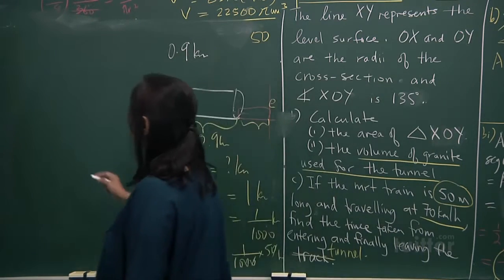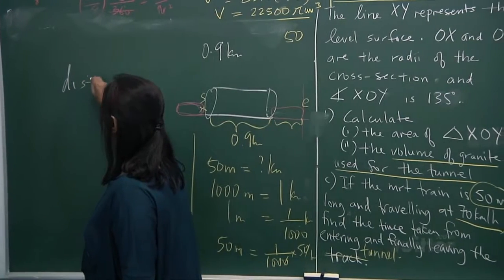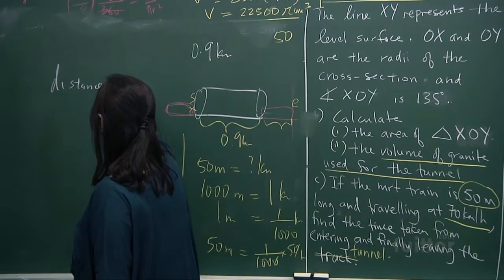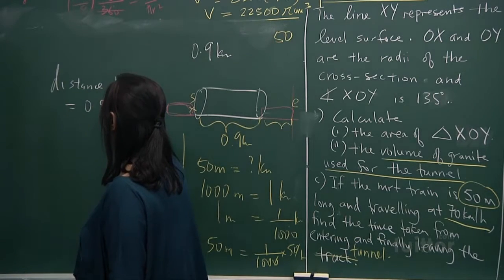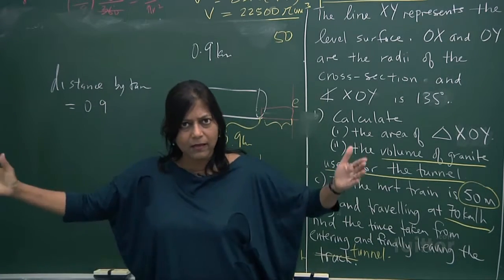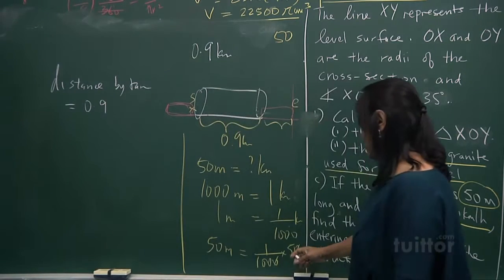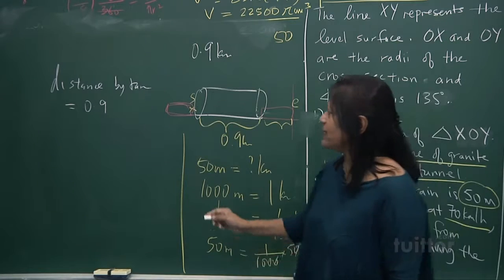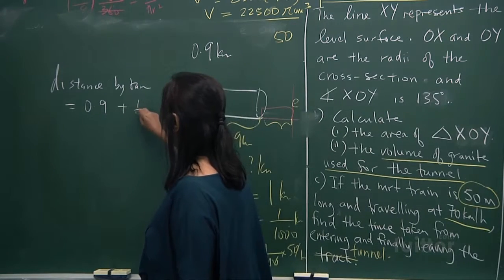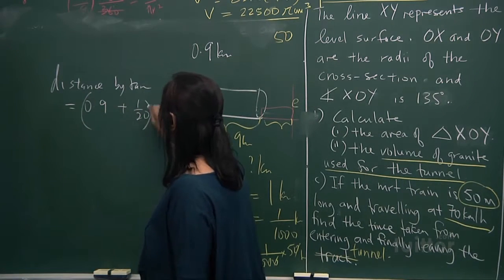So the distance traveled by the train will be equal to 0.9, the length of the tunnel, plus 1 over 20. Cancel off: 50 over 1,000 is 1 over 20. And what is 1 over 20 in kilometers?